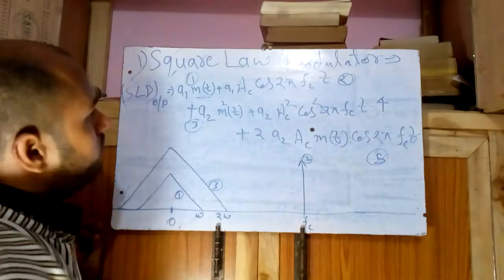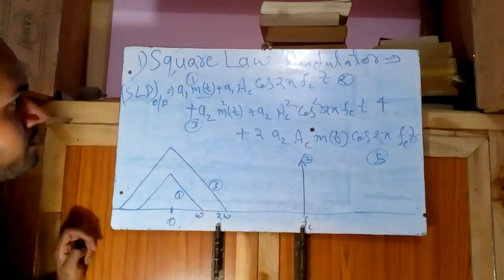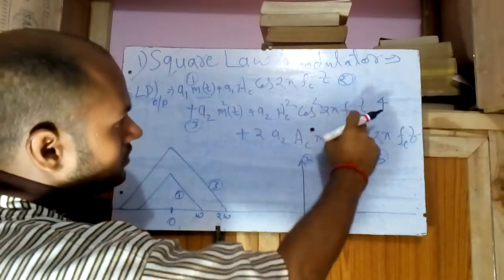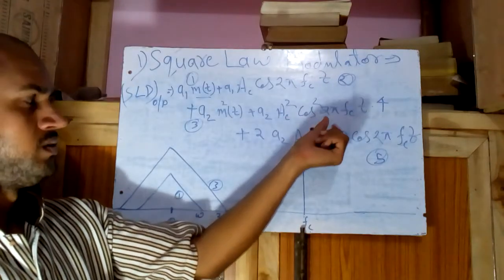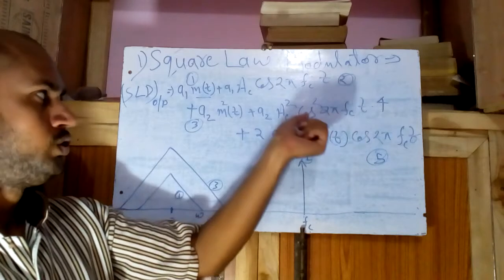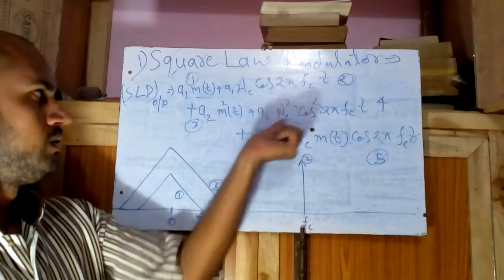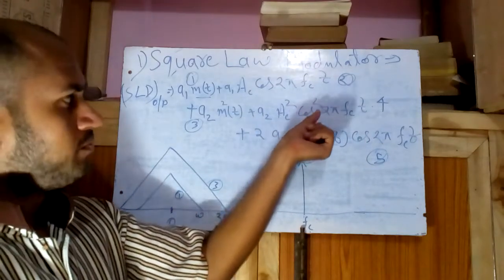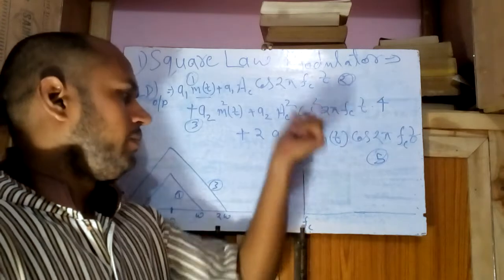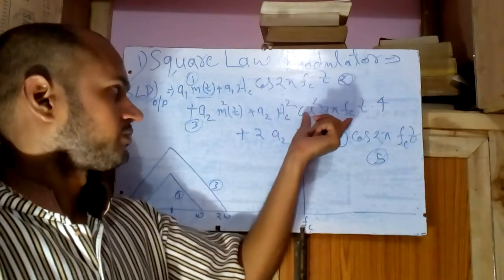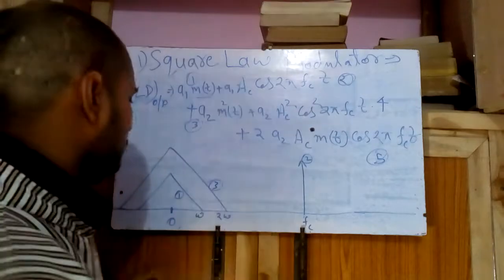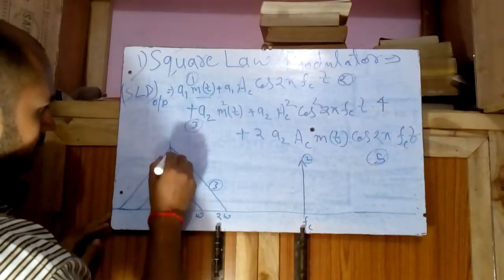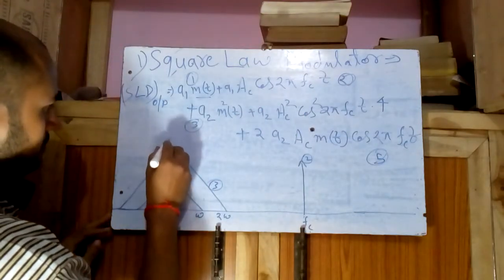Now what about 4? A2 AC square cos square 2 pi FCT. Cos square theta, what is this? 1 plus cos 2 theta by 2. So I am not taking amplitude, I just want to make the spectrum. So 1 is DC.